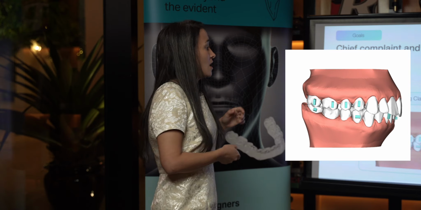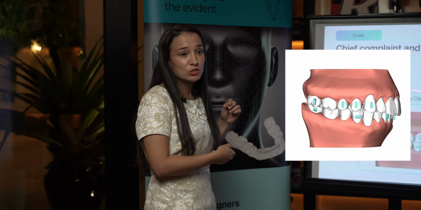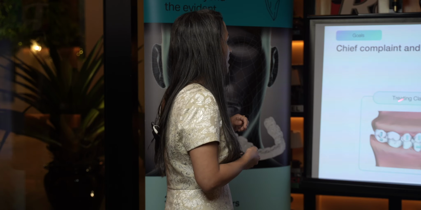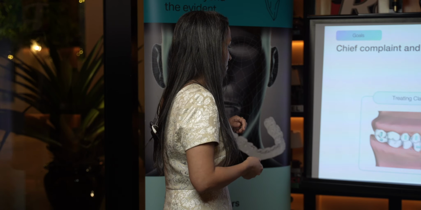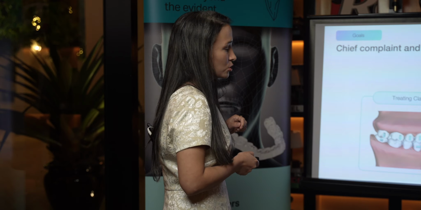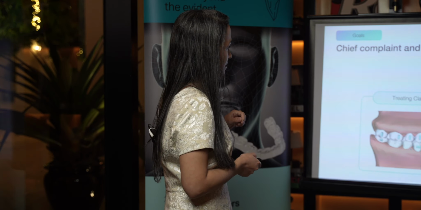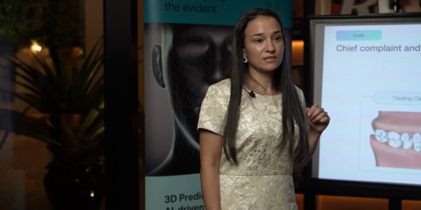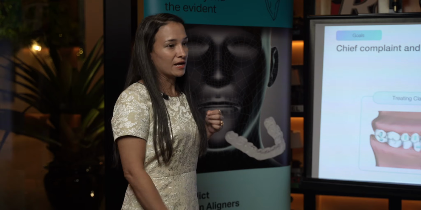Now, if this is class 2, and I'm using class 2 as an example, but you can extrapolate this to almost any type of case, if this patient shows up, right, is happy with their profile, is stable, so there's occlusion stability, the patient is functional, there's no wear facets, why are we correcting class?